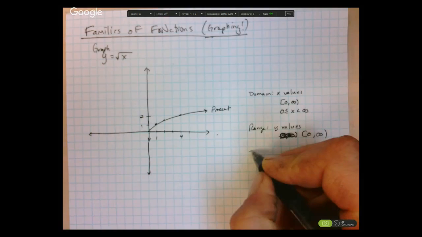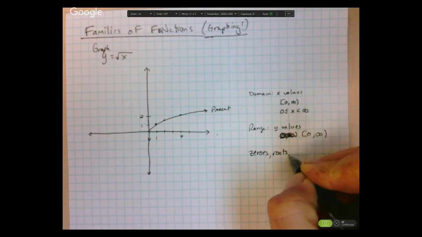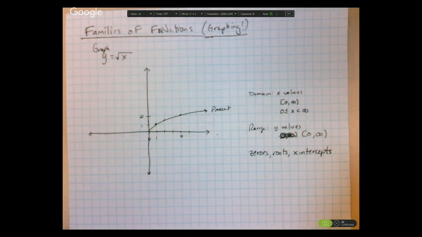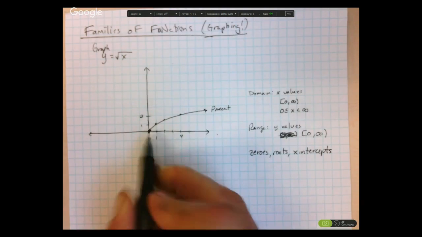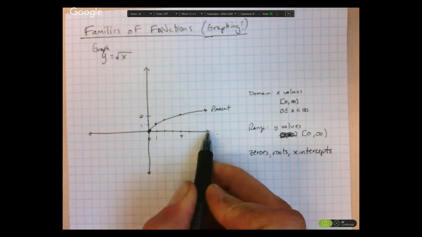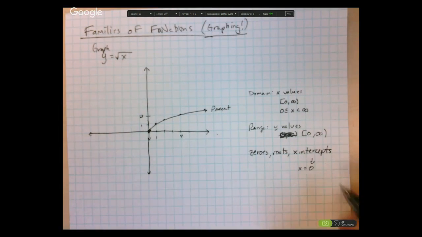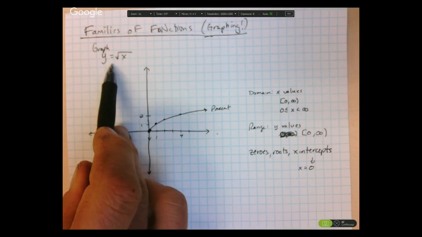Zeros. Roots, x-intercepts, all mean the same thing, just used in different contexts, okay? In this case, that is where we intercept the x-axis. So in this case, the x-intercept is x equals 0, okay? The zeros or roots work with functions and equations, all right?